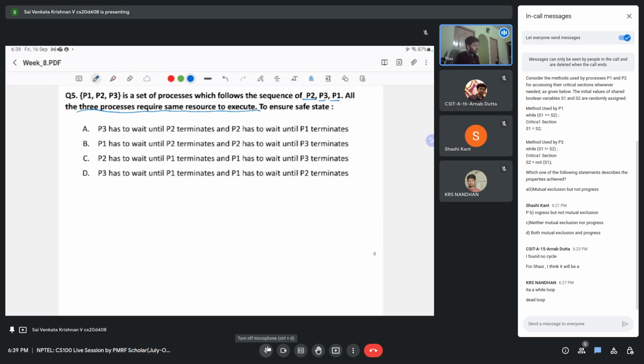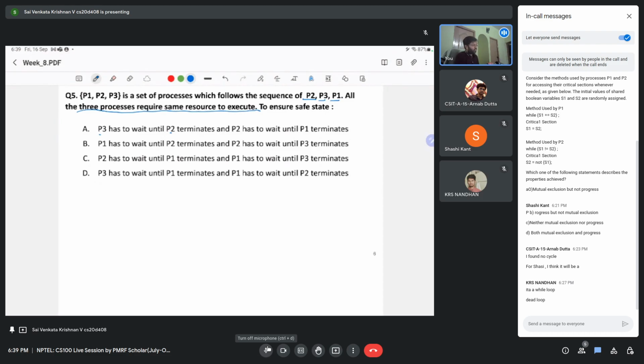To ensure a safe state, which one of the following four options has to be followed? P3 waits until P2 terminates and P2 waits until P1; or P1 waits till P2 and P2 waits till P3; or P2 waits for P1 and P1 waits for P3; or P3 waits for P1 and P1 waits for P2.